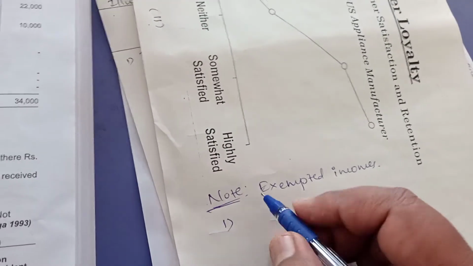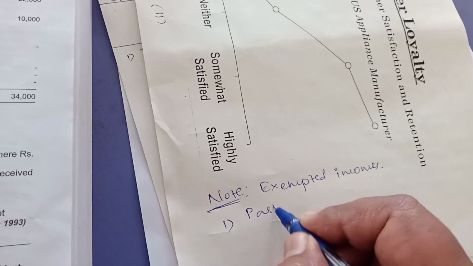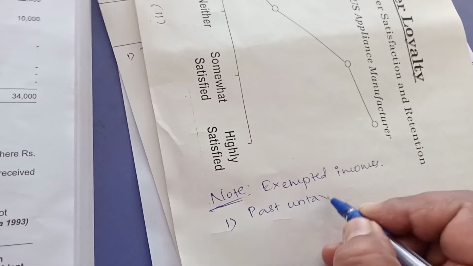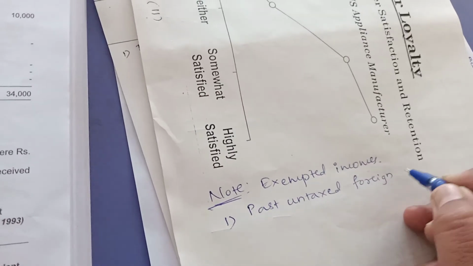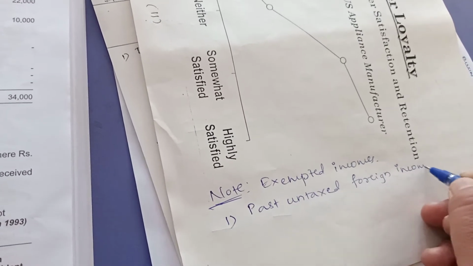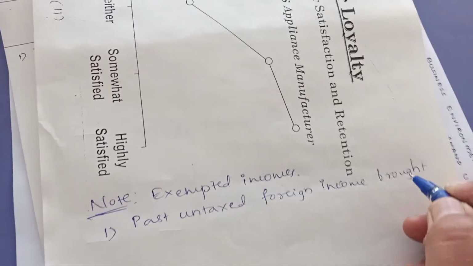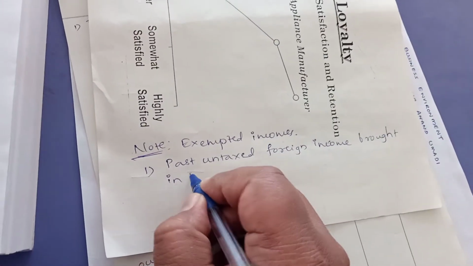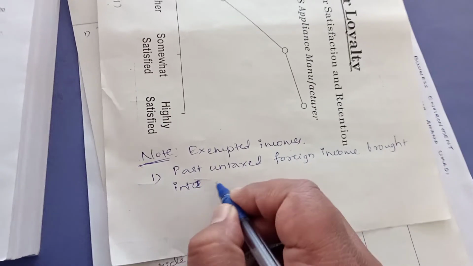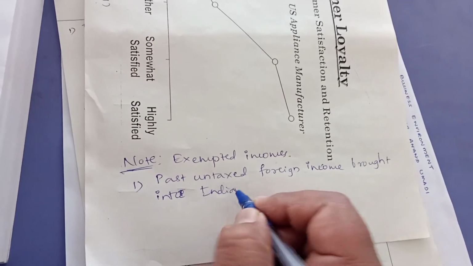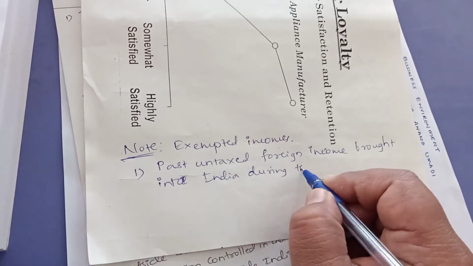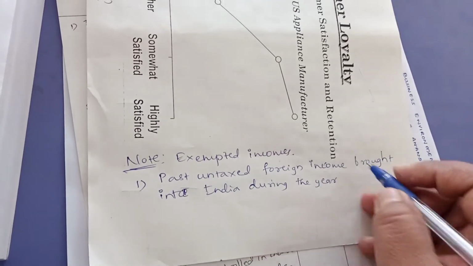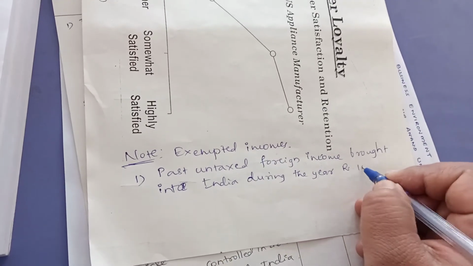We need to write the transaction: past untaxed foreign income brought into India during the year, amounted to rupees 10,000.